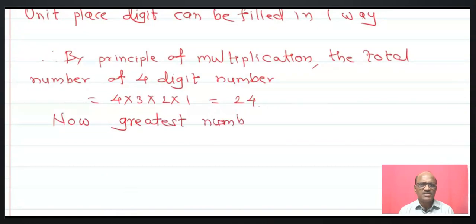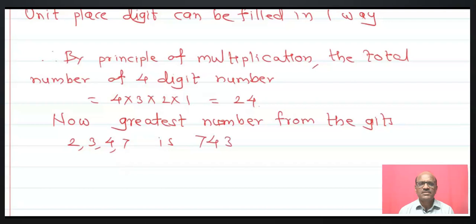Now, the greatest number from the digits 2, 3, 4, 7 is 7432.